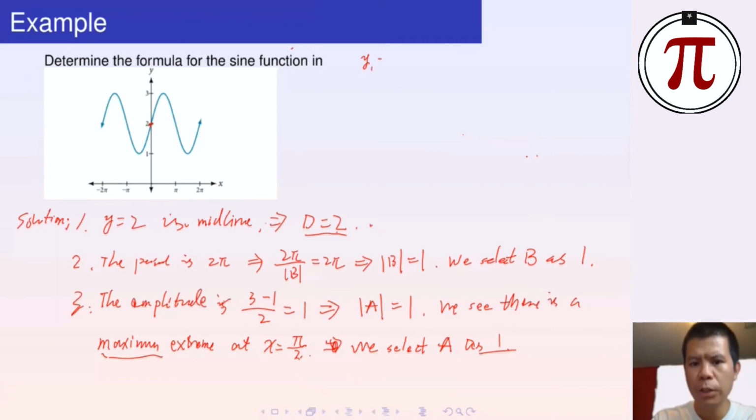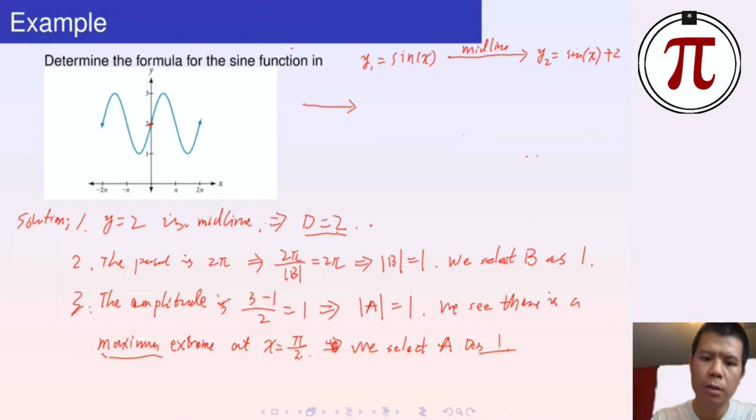So y1 equals sine of x. Now we need to adjust that. So that's y2, plus 2. And then we do another one for the period. The period doesn't change, it's the same.